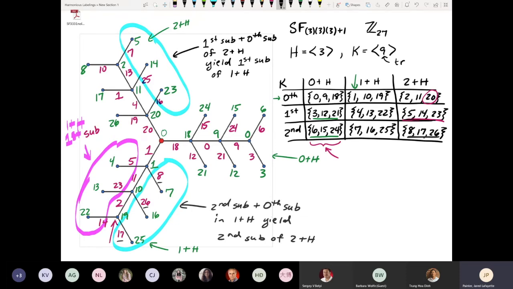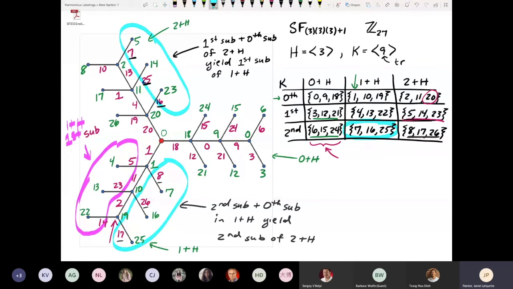So that would put you back in the first coset. But you look at the elements here on my edge labels, 7, 25, and 16, and notice that's actually in the second subcoset of 1 plus h. And so what happens is, we can look at this on the other side too. We can see there's this subcoset position shift that is what messed us up.